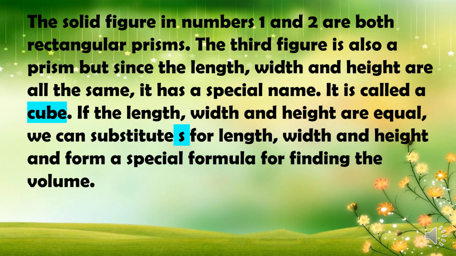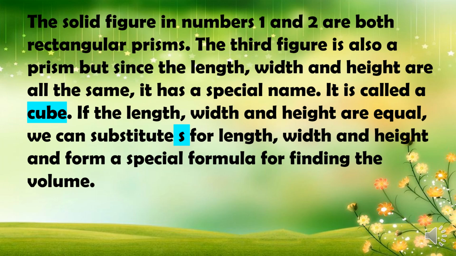The solid figures in number 1 and number 2 are both rectangular prisms. And the third figure is also a prism, but since the length, the width, and the height are all the same, it has a special name, and it is called a cube.